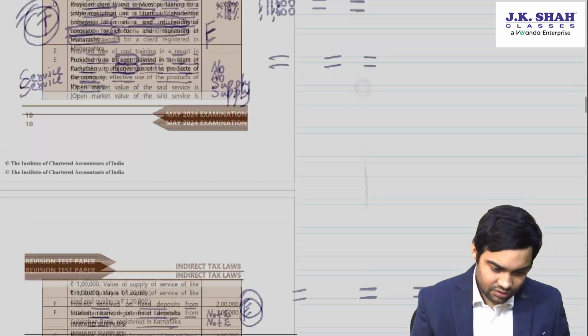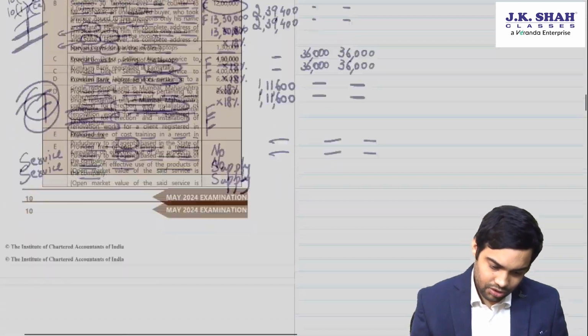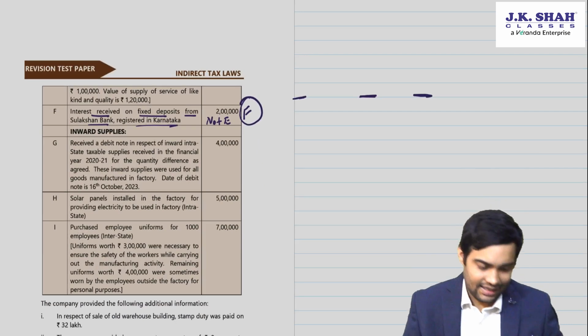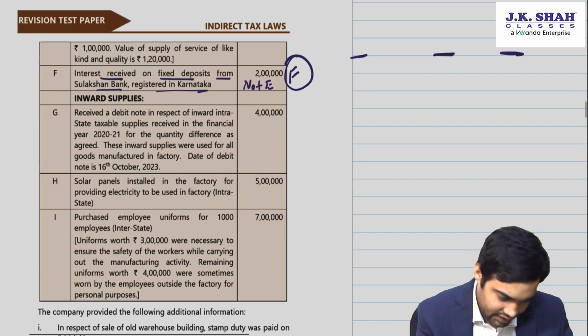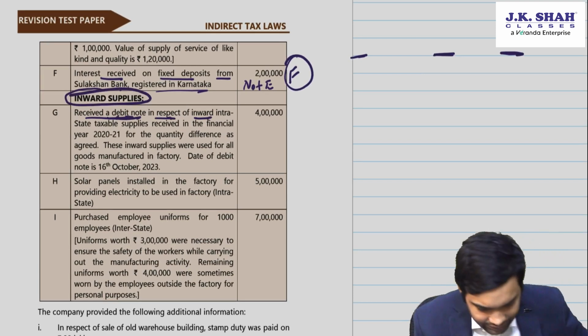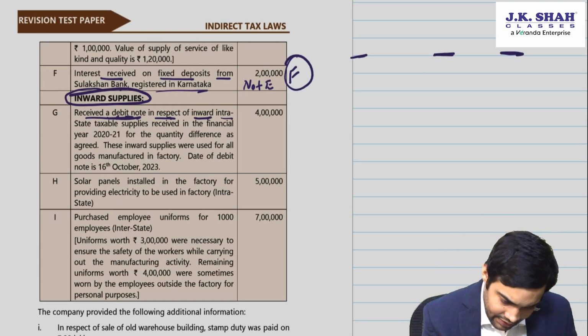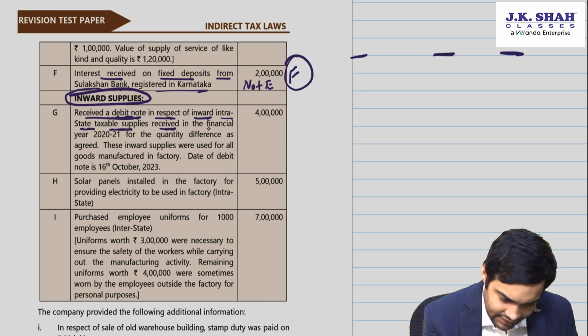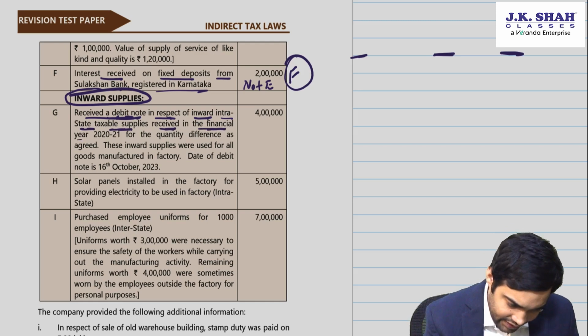Fair enough, sir. So is output done? Output to this extent we have completed. If there is any other information, we will add it. Now coming to inward supply. Received a debit note in respect of inward intrastate taxable supplies received in the financial year 2021.